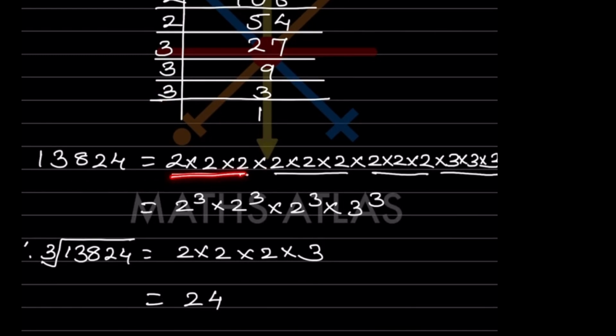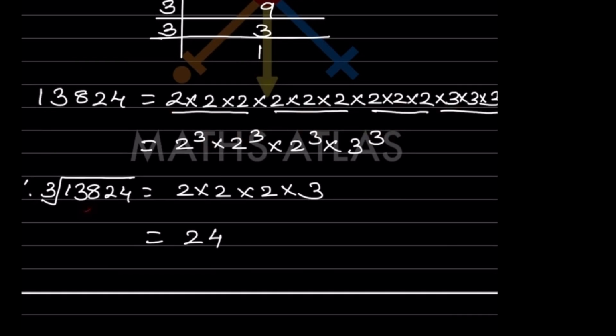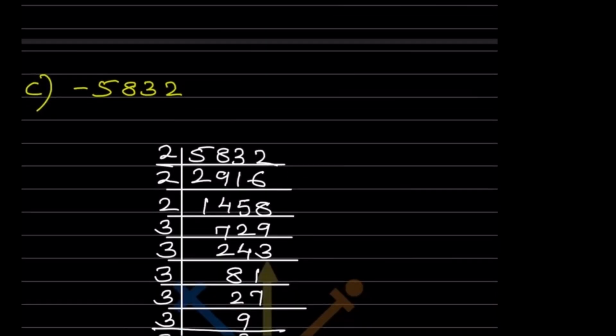So now we'll make groups of 3 numbers, the same ones. So 2 cube, now this is again 2 cube, and this is also 2 cube, and this is 3 cube. So when you take the cube root of that, we'll just take the base of it. So this 2. So now what will you do? 2 2s are 4, 4 2s are 8, and 8 3s are 24. So 24 is the answer.